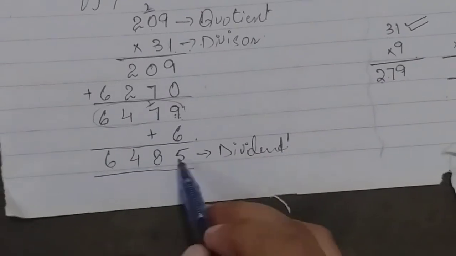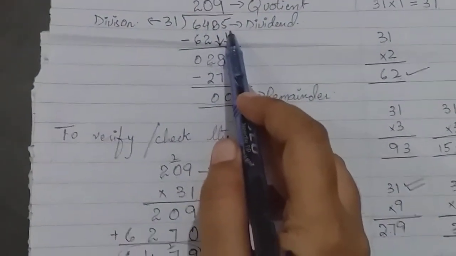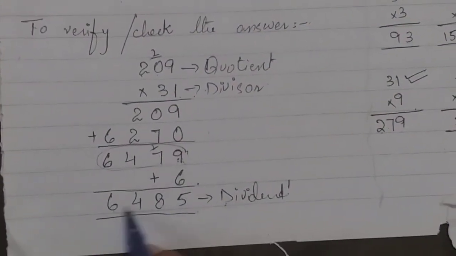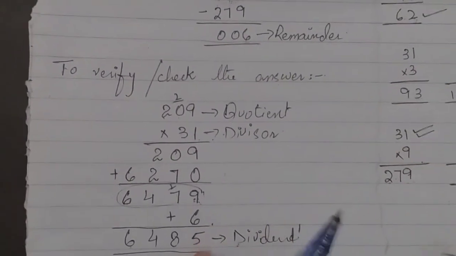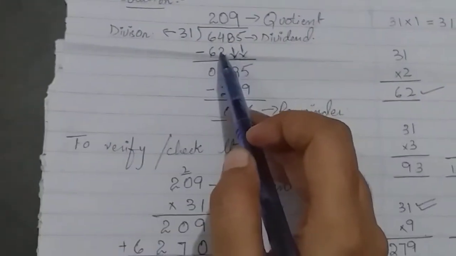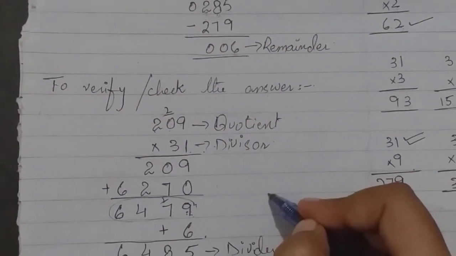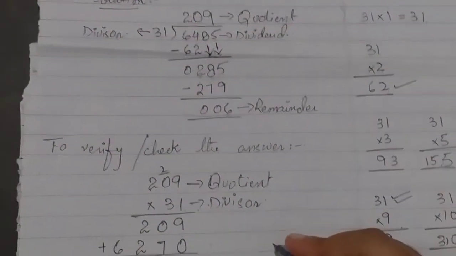After addition you will get your dividend. Dividend is 6485, and after adding the remainder you will get the same dividend in your answer. If you get the same dividend as we have given in our question, it means you have done your division process correctly, and your answer, that is 209, is the correct answer. This is correct.